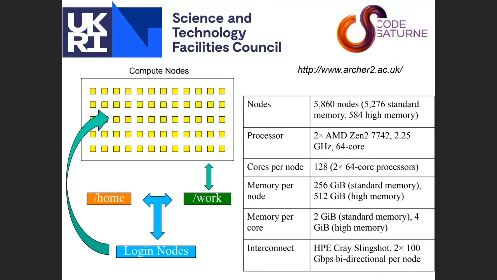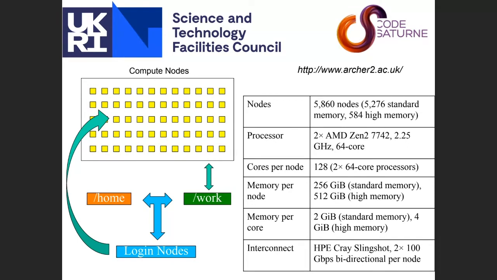The processors are such that you've got two 64-core processors per node, which makes it in total 128 cores per node. So basically, any simulation will be on 416 cores or MPI tasks.